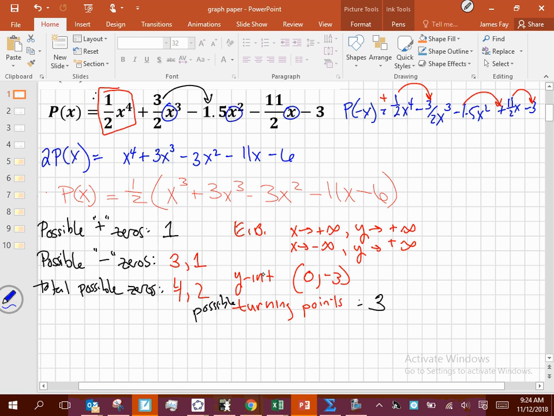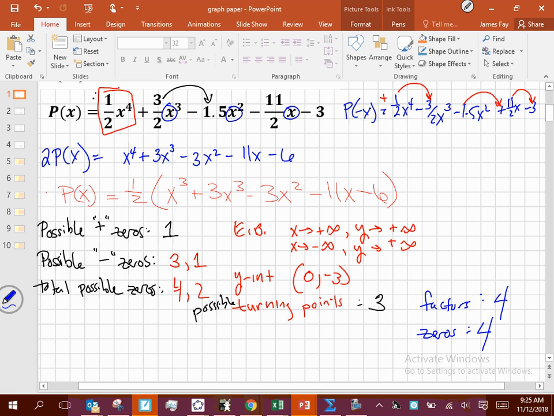So how many factors will this thing have? 4. There will be 4 factors. If it's got 4 factors, how many zeros is it going to have? 4. The zeros come from the factors. Now, when I say that, my factors might not be distinct. I might have x plus 1 four times.